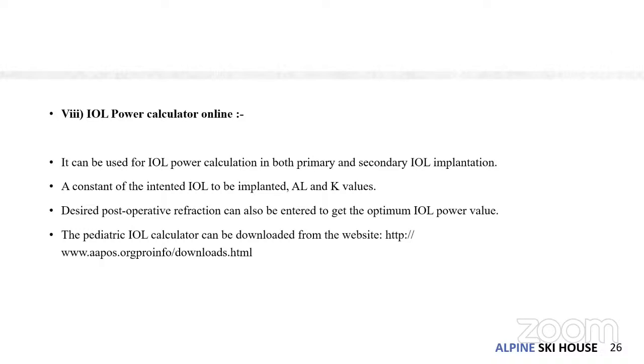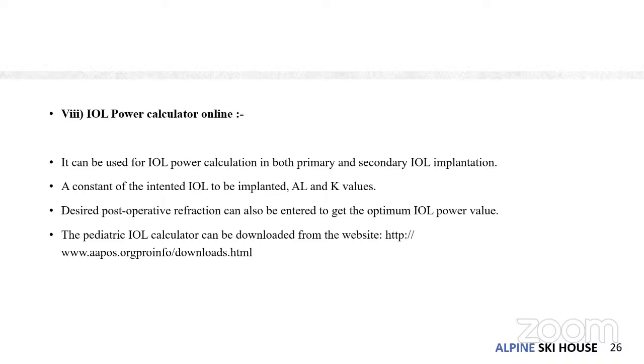The available online calculator can be used for IOL power calculation in both primary and secondary IOL implantation. It needs the A constant of the intended IOL to be implanted, axial length and keratometry value.